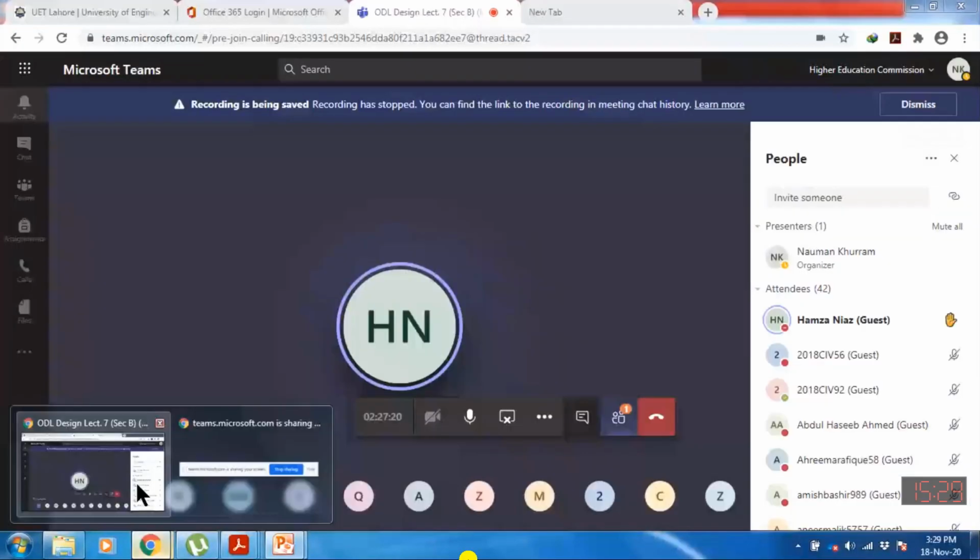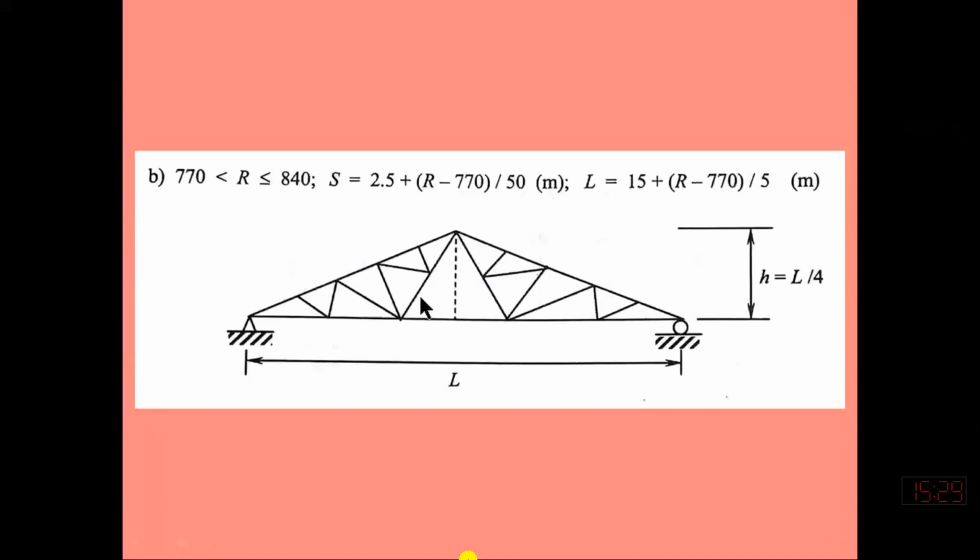I have explained to you how you can compute the panel. Actually, panel length is the horizontal distance between two consecutive joints with reference to the top chord. So panel length is this horizontal distance. I told you how to compute this joint.